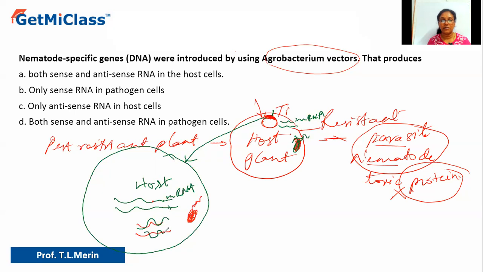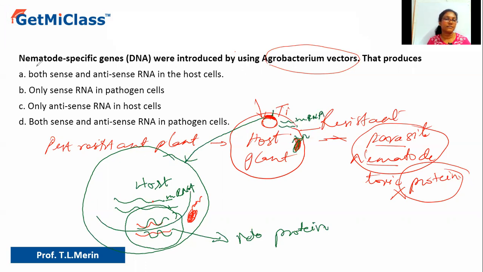So this also gets converted to double-stranded RNA. That means we are not allowing even a single strand of the nematode RNA to be translated. Because it is converted to double-stranded RNA, it will not get translated, so no protein will be formed. The expression is happening within the host cell.